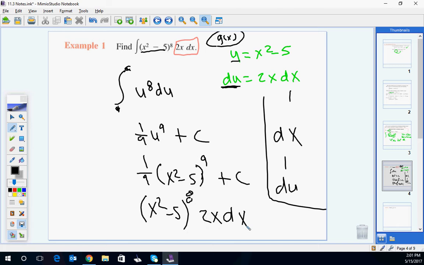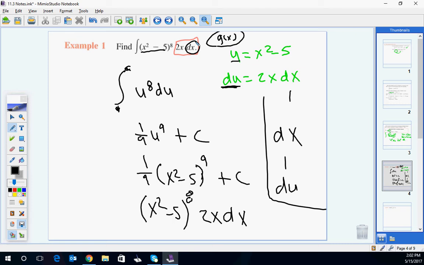If it was just 1/9 times x squared minus 5 to the 9, and you take the derivative of that, how do you know it's with respect to u? Because, one, we took the derivative, so that's the dx. That's just signifying that we took the derivative. Now this dx is what's hanging us up.